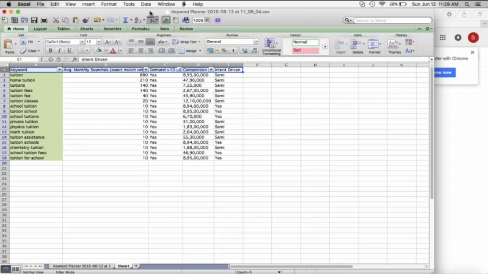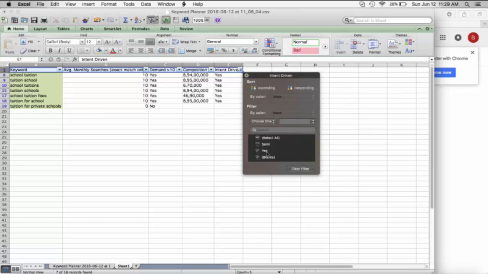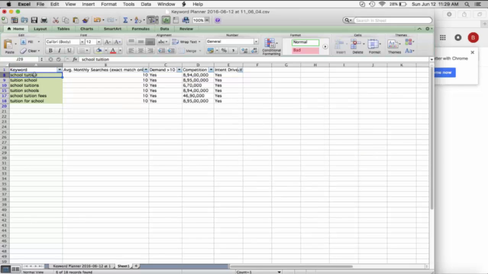So let me apply the next filter. So here probably you might want to select all yes here. So it is further filtered, right? Now you will come up with a formula which goes after KEI, keyword effectiveness index.